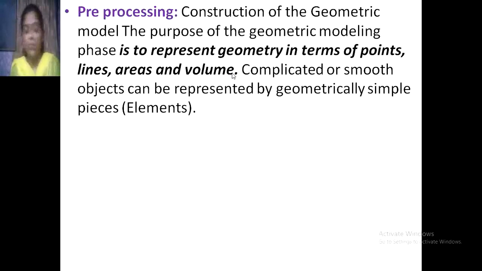Complicated or smooth objects can be represented by geometrically simple pieces, that is, elements.